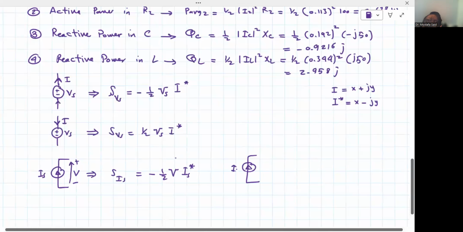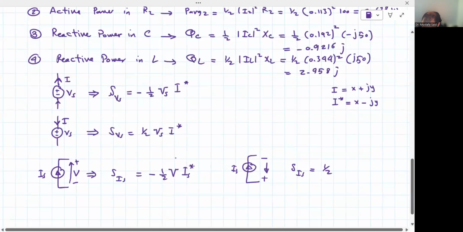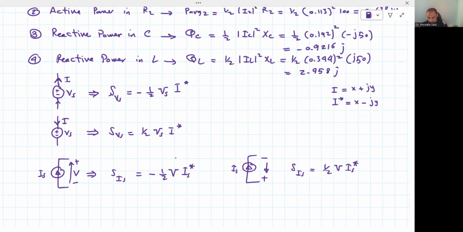Same as the voltage source: if they are in the same direction, it's negative. If they are opposite, S_IS in that case will be positive half V IS conjugate.